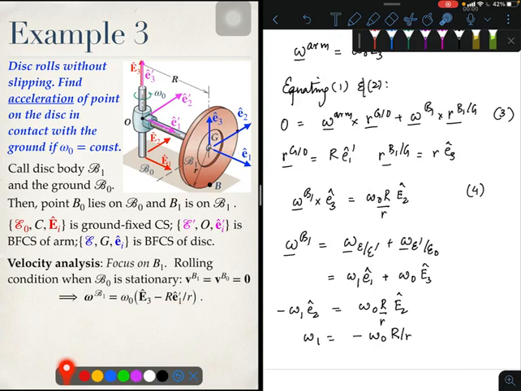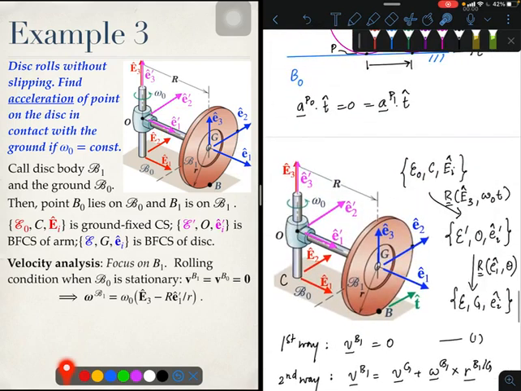I can write E1 prime or I can write small e1. E1 prime and E1 are always going to be aligned because we obtain the blue coordinate system by rotating the pink about E1 prime.